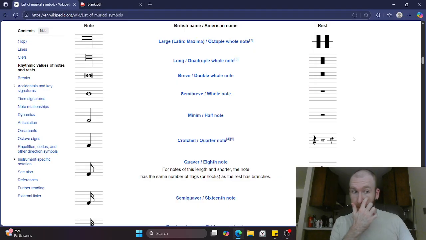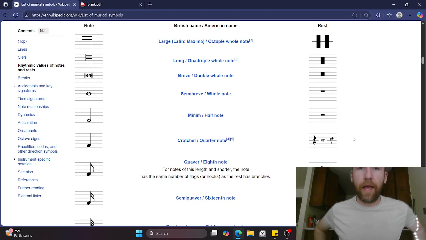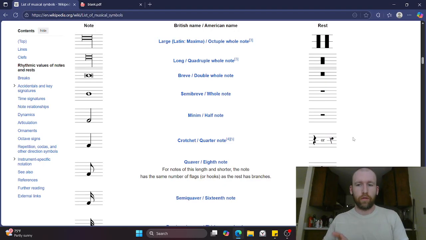Today I'm going to be talking about sheet music rhythm notation. When playing music or reading music, it's really important to break down the different components of what you're absorbing in sheet music, because a lot is really thrown at you all at once.